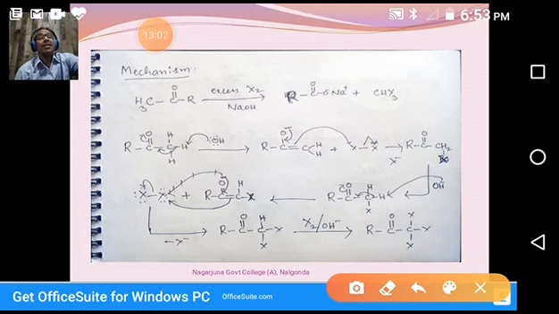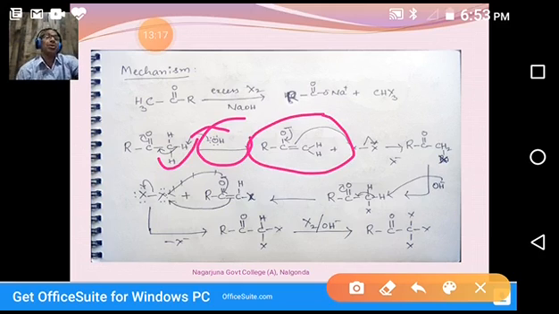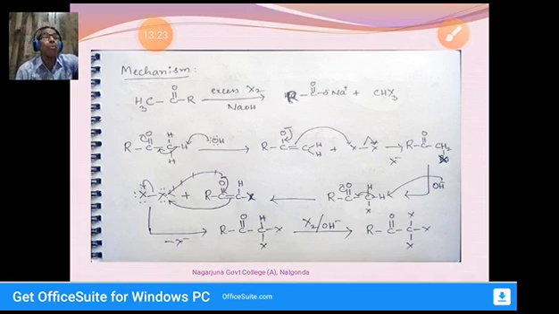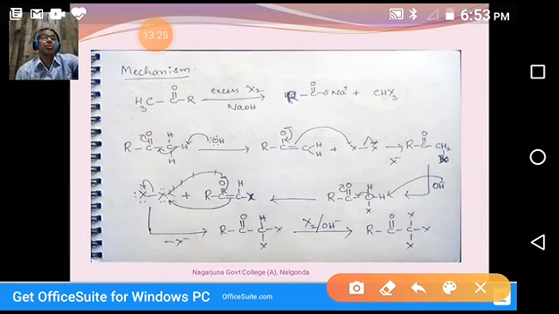That's why this hydroxide ion abstracts a proton from here and generates a new carbanion. This is a new carbanion. It is delocalized to the enolate ion. So first it forms a carbanion and it resonates to give the more stable enolate ion. So this is the enolate ion, in conjugation with the carbanion.